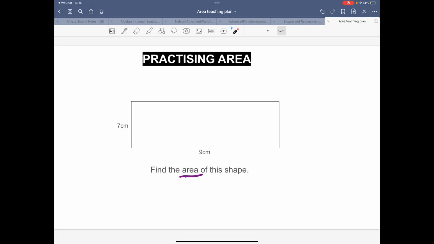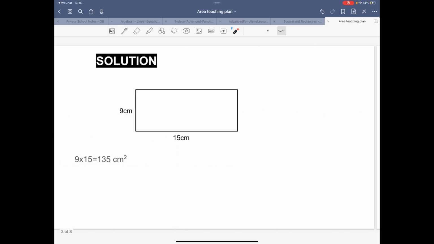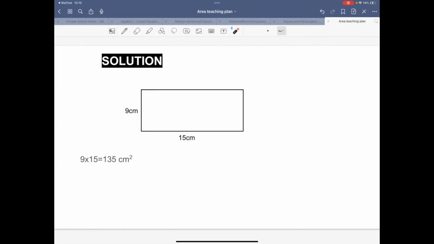Done? All right. Now let's review it together. So here we have a little rectangle with a length of 9 and a width of 7 centimeters. I think you probably know the answer from the beginning of our review. We have to multiply the length and the width, and we get the area.